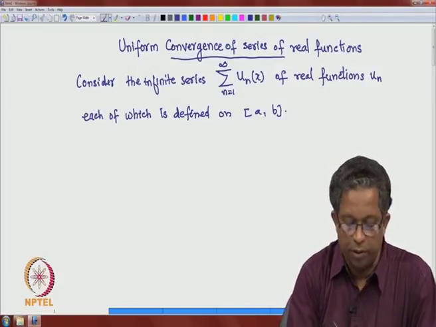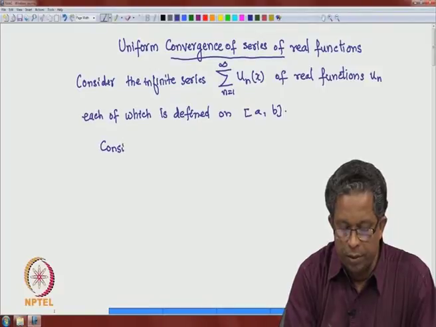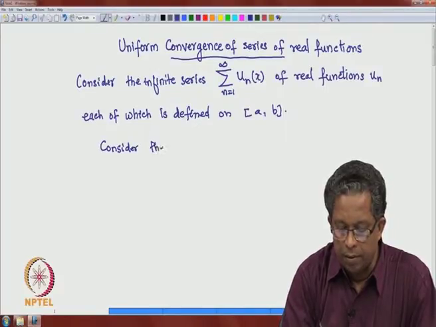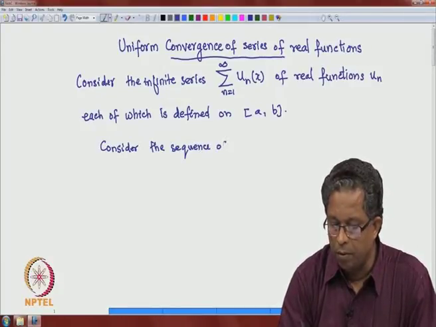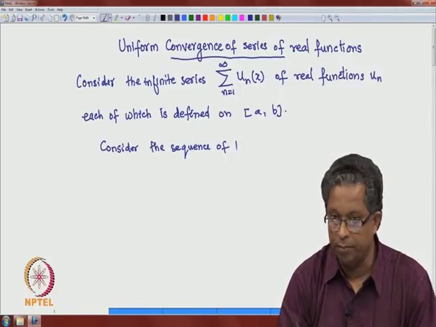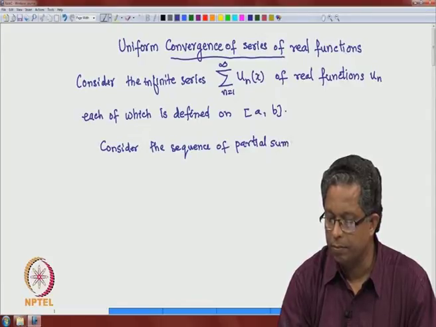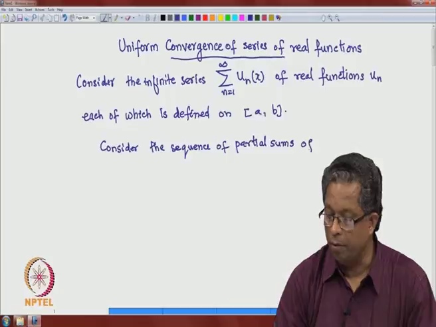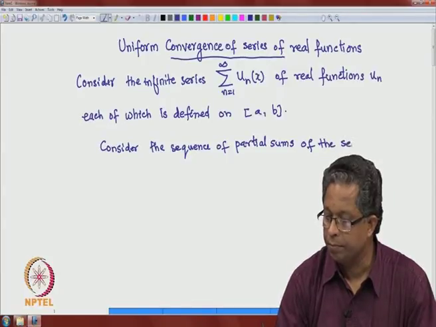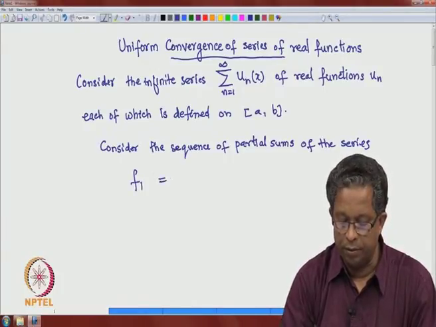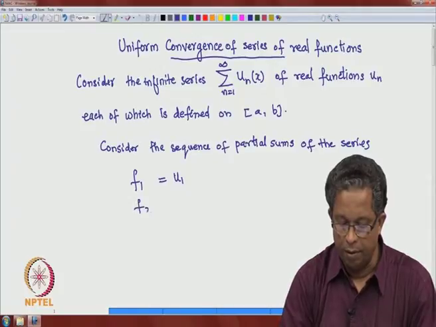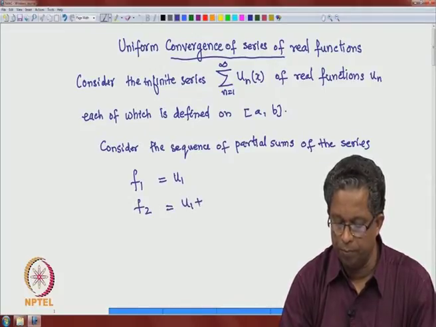So consider the sequence of partial sums of the series, call it F1 is u1, F2 is sum of u1 and u2, and so on.